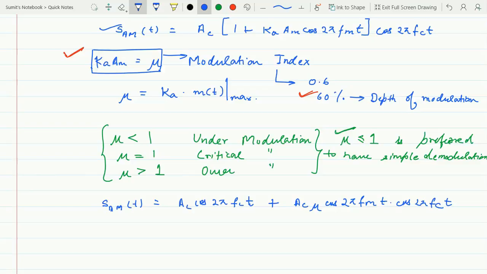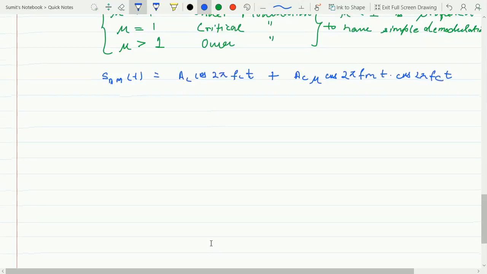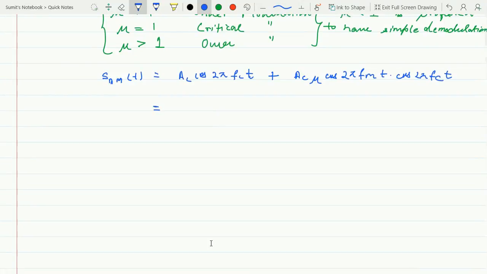Now we'll use the trigonometric identity cos A cos B, and we'll change this product of cos to a sum of cos terms. Remember the trigonometric identities that I discussed in the first lecture. Let's apply it. I'll write it as A_C mu.